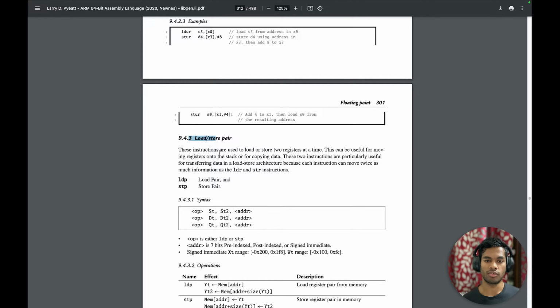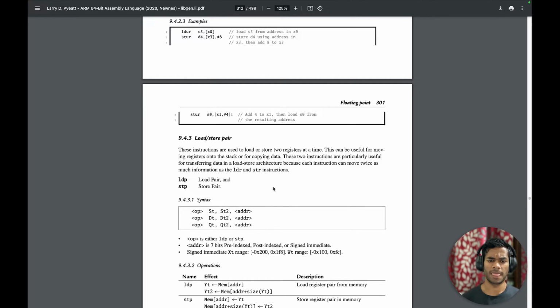Then load pair, store pair. These instructions are used to load or store two registers at a time. This can be useful for moving registers into the stack or for copying data. These two instructions are particularly useful for transferring data in a load-store architecture, because each instruction can move twice as much information as the load and store instructions.